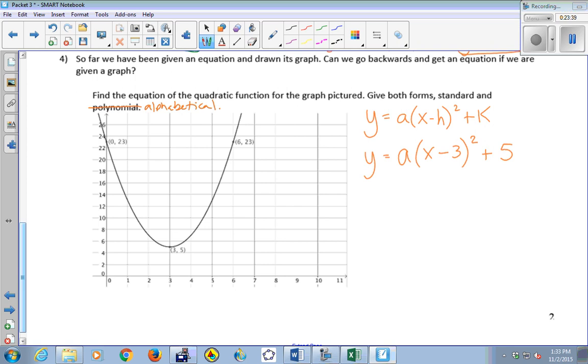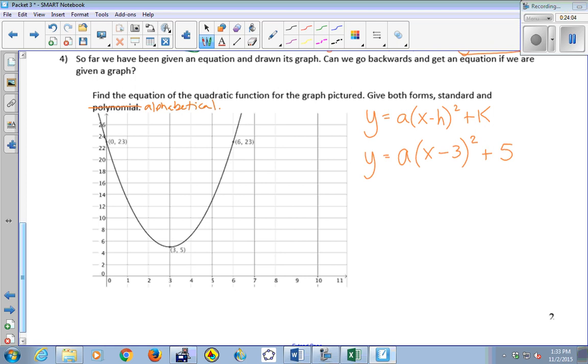Once you only have one thing left to know, you can plug in a point. So I could use either (0, 23) or (6, 23), doesn't matter. I think I'll use the 0. You can't use (3, 5). That won't be helpful because when you put a 3 in for x, you're going to get a 0 there. So a times 0 will go away and a will be gone from your equation. And the idea is to try to solve for a.